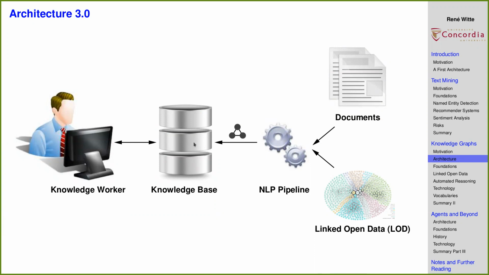We'll see later, a so-called knowledge graph to store this information. And then we can not just incorporate the information from documents and other sources that we have, we can also use information from external knowledge resources. There is something called the linked open data cloud. We'll have a lecture on that in a couple of weeks. So you can use all of this information in your application as well.